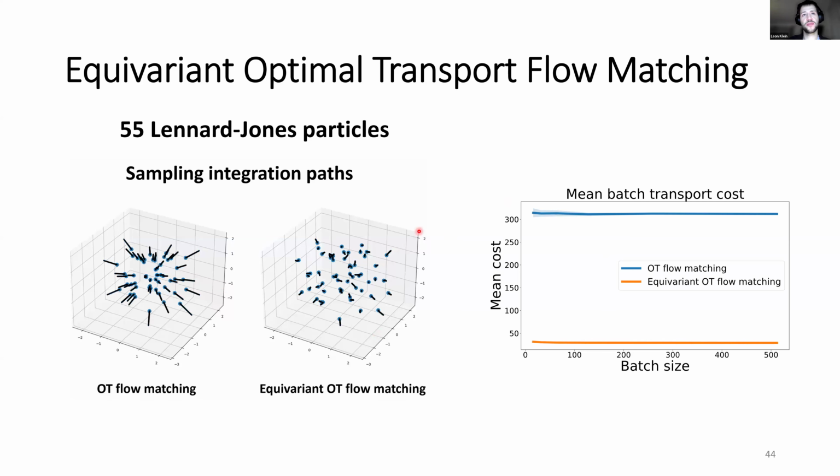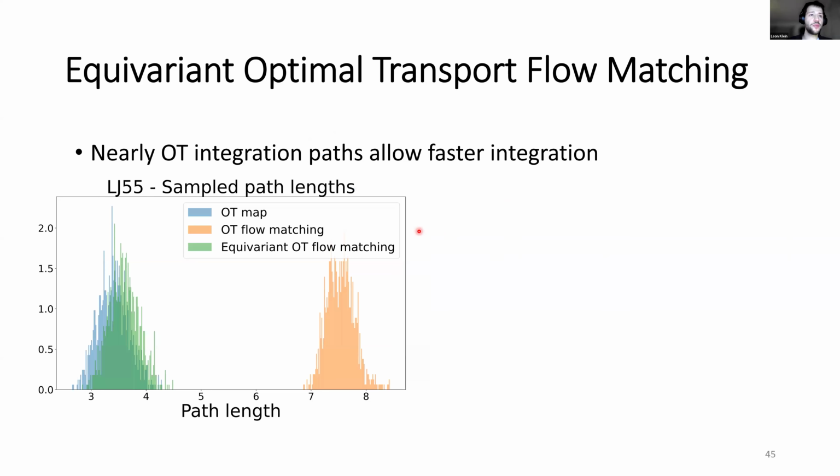But why is this useful? If we look now at the integration path lengths, here in blue, you can see the theoretical optimal transport map. In green, very close, are the path lengths we get for equivariant optimal transport flow matching. And if we only do optimal transport flow matching, the orange one, you can see the path lengths are significantly larger.